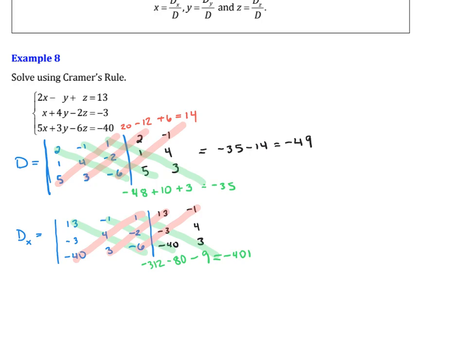And if we go up, we have negative 160 plus negative 78, so minus 78, plus negative 18, so minus 18. And this gives us negative 256. And negative 401 minus negative 256 equals negative 145.